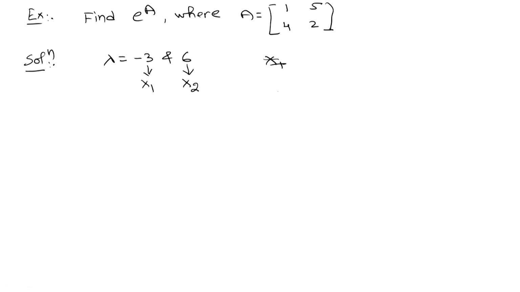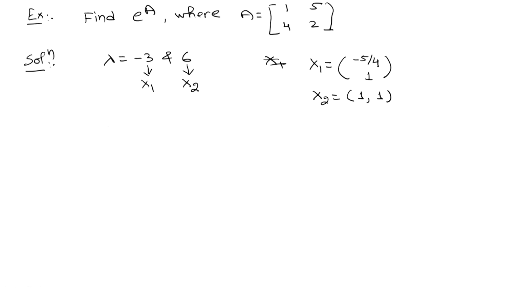Since both the eigenvalues are different, they will have linearly independent eigenvectors, and hence the matrix is diagonalizable. If we calculate x1, it comes out to be -5 by 4 and 1. Similarly, x2 comes out to be 1 and 1.